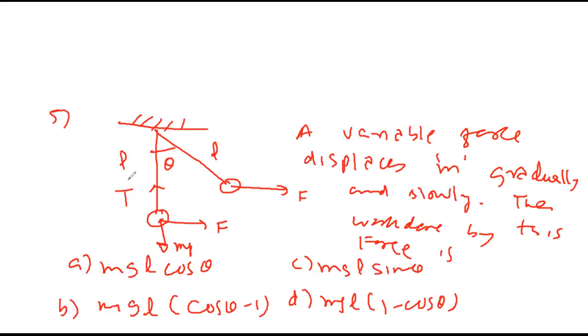Sir, I used energy conservation, MGL minus MGL cos theta. That means initial minus final. The tension work came out direct because tension is acting perpendicular to the displacement, so its work is zero. If I use, my answer is correct. By law of conservation of energy H becomes L into 1 minus cos theta. Kinetic potential becomes kinetic, kinetic becomes potential because that force F is taking it up.